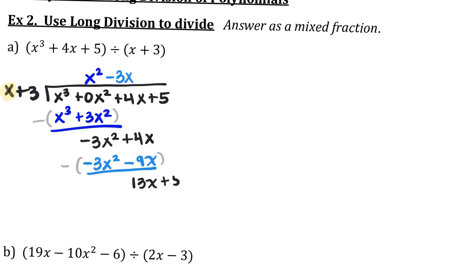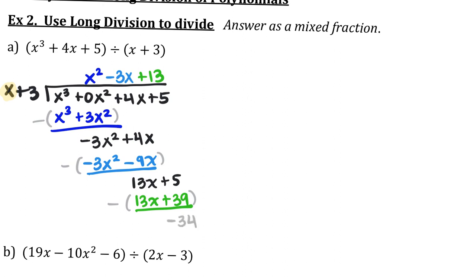Bring down the 5. To get 13x, x times 13. 13 times x, 13x, 13 times 3, 39. Subtract. 13x, those cancel. 5 minus 39 is negative 34.